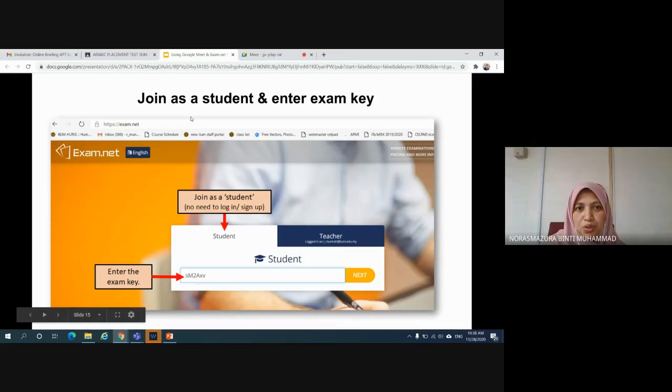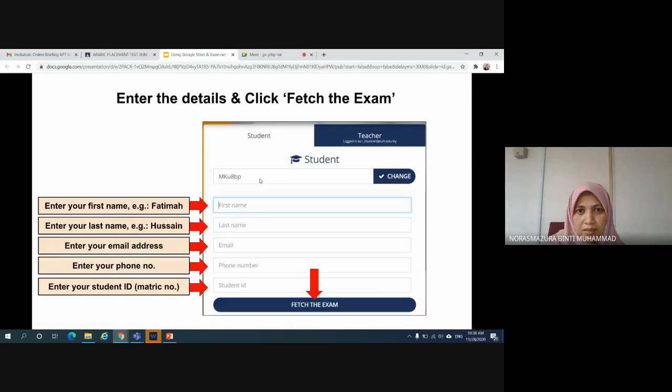You have to join as a student and enter the exam key. The exam key will be given before the exam starts. When you put in the exam key, you will go to this page.